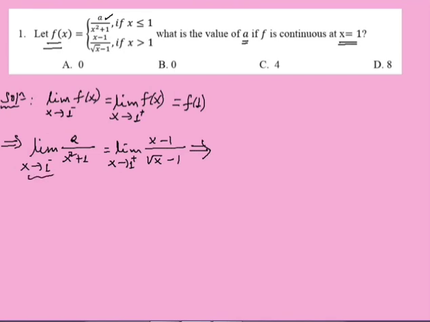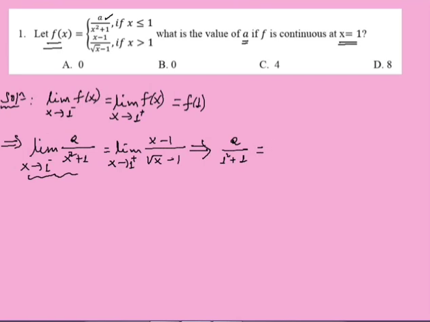Now let us evaluate these limits. The limit of a over x squared plus 1 is a over, you can directly substitute x equals 1 here, a over 1 squared plus 1.